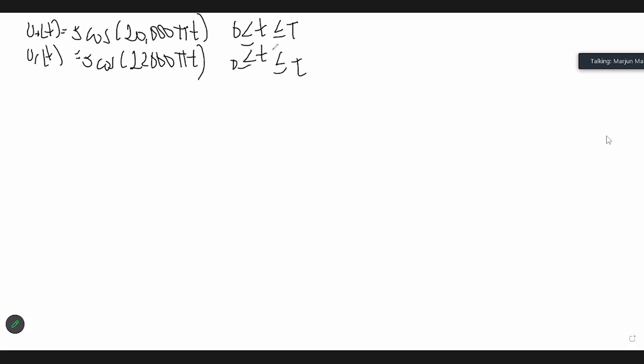So we have two given signals. Cosine signals, cosine wave signals.